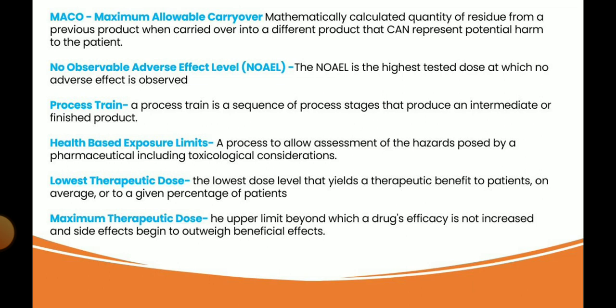Next one is process train. Again a simple term. A process train is a sequence of process stages that produce an intermediate or a finished product. For example, for a tablet dosage form, the process train can consist of the granulation, drying, milling, blending, compression processes, and these processes used in a sequence are called process train.